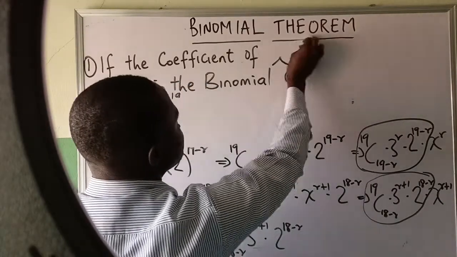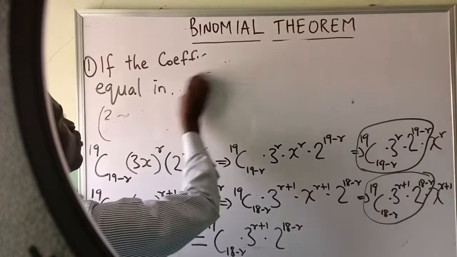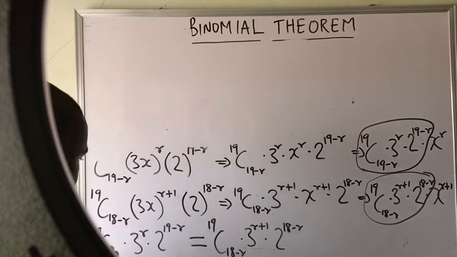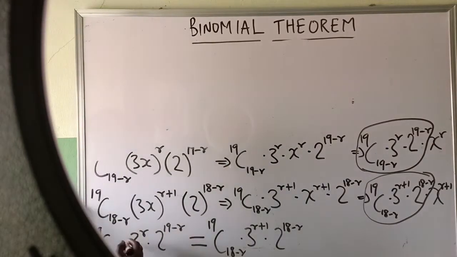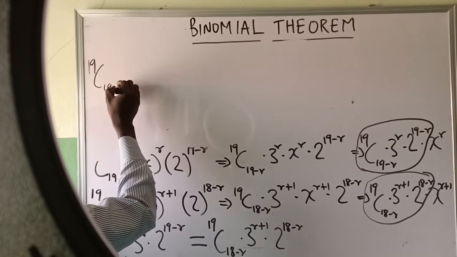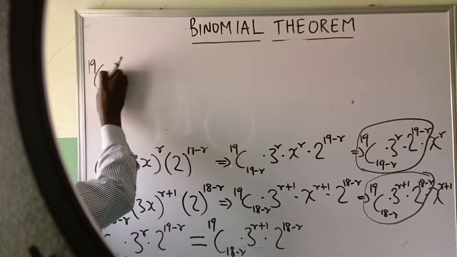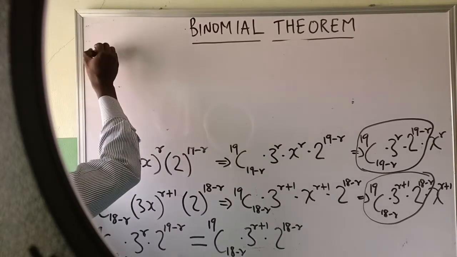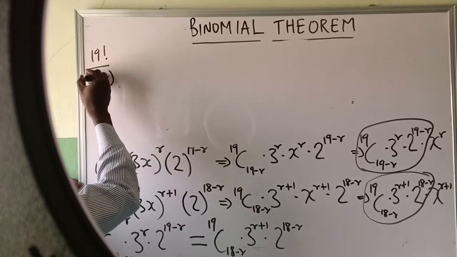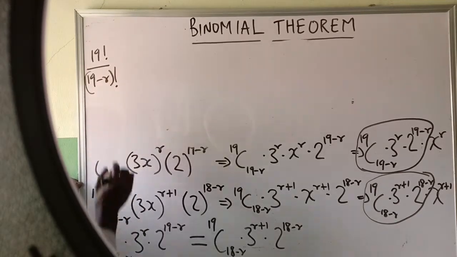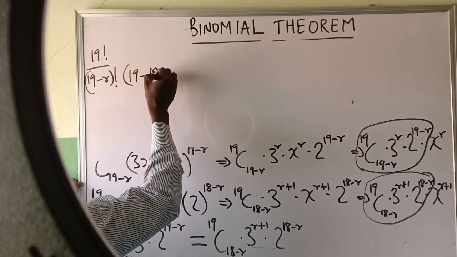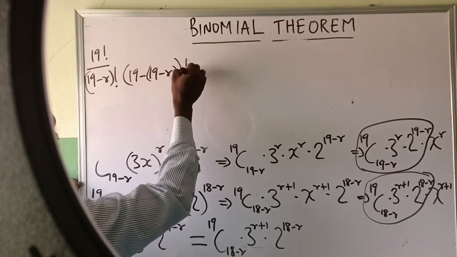To solve it such that you get the final value of r, you recall that 19 combination 19 minus r simply means 19 factorial all over 19 minus r factorial, then bracket 19 minus 19 minus r factorial.